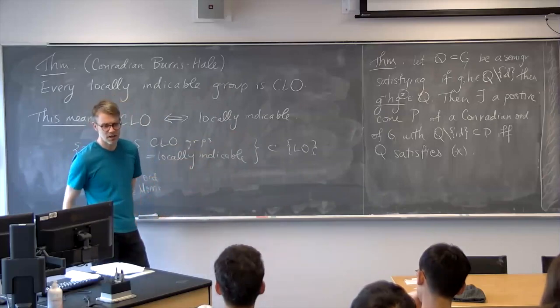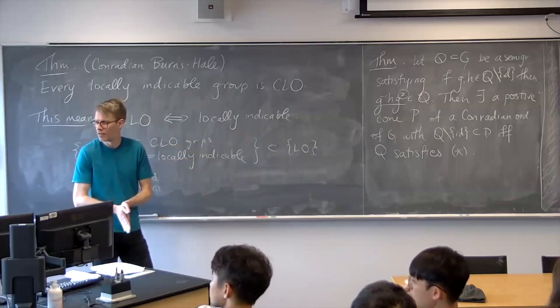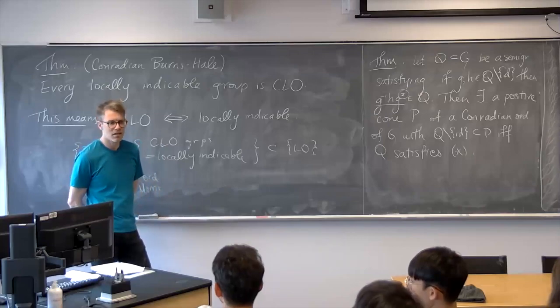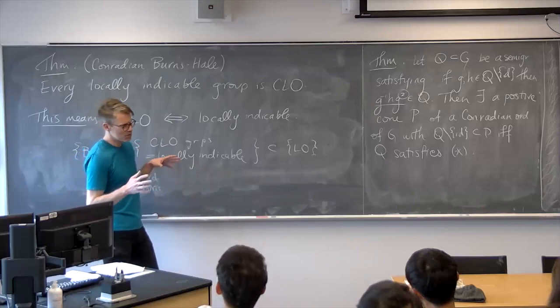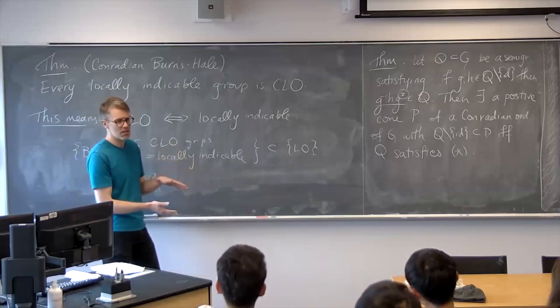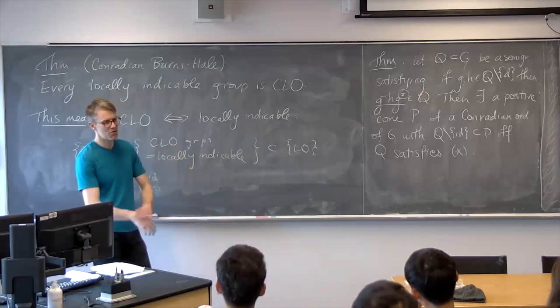Did he do local indicability in that paper as well? Do you know? I think not. No, it was just many different kinds of the same inequality. But then it came later that the observation that this inequality implied that all these quotients were Archimedean, and then you could just create all these maps, this whole Hölder's theorem.